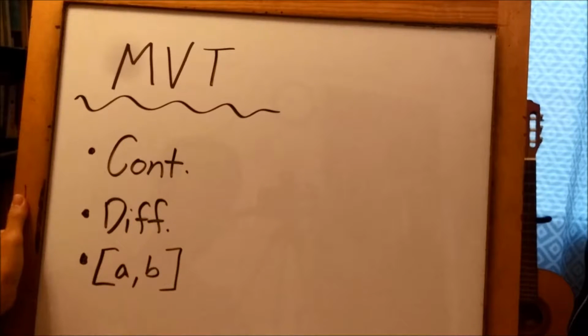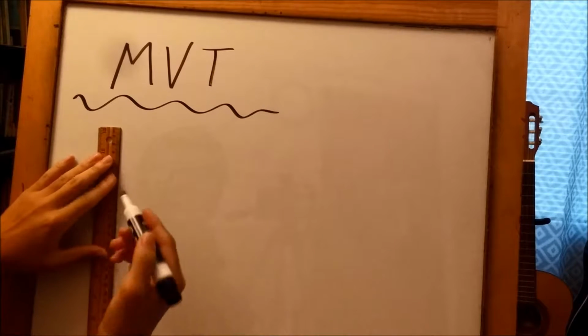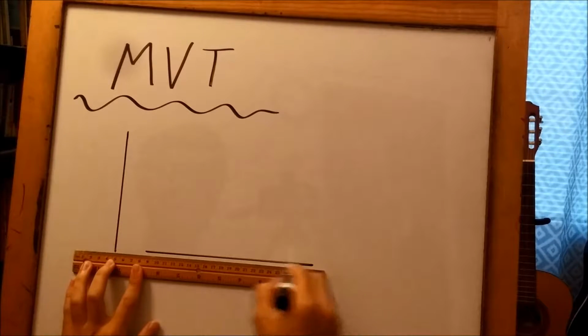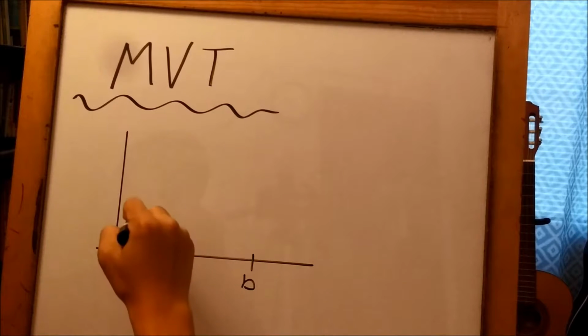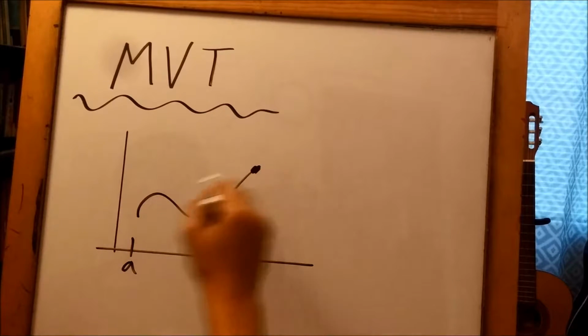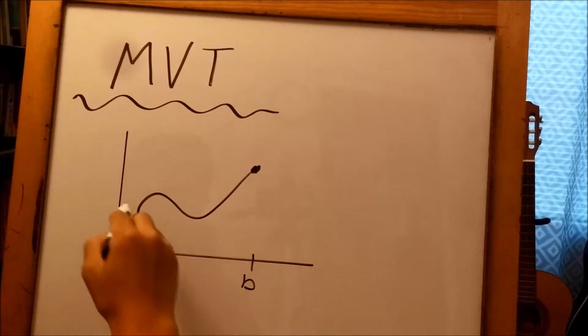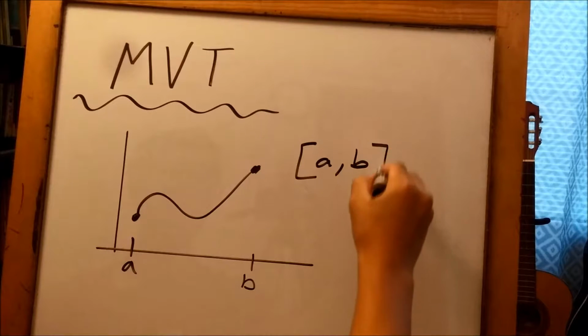What a closed interval pretty much means is that the function has to be defined at every point in between A and B, and also including at A and at B. So essentially, if I draw a little x and y axis here, and I have any function from point A to point B, then the function has to be defined at every point in between A and B, so all of this, and also including A and B. So yeah, once again, you would write that like so.